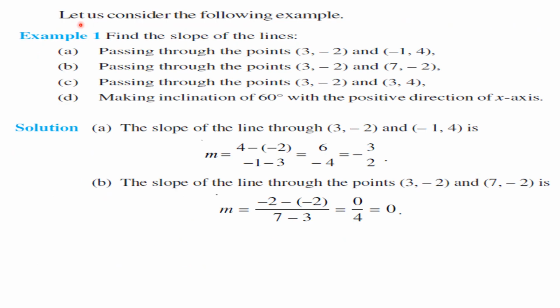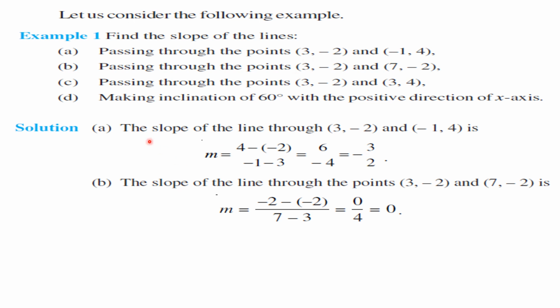So to understand this concept, let us take an example. Find the slope of the line passing through the points ordered pair (3, -2) and ordered pair (-1, 4). Here 2 points are given. Then we have to find the slope of the line which is passing through these 2 points. Okay, my children.